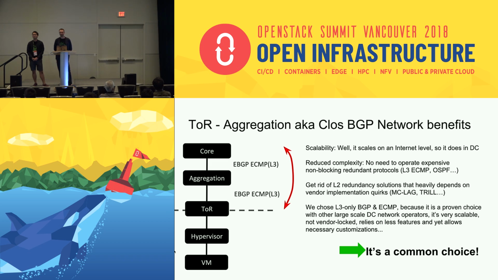But we also chose this because we don't want to be vendor locked in any way. This solution also doesn't rely on any vendor-specific quirks or solutions that might work only with a single vendor and not across vendors. So I'm not going to spend more time praising this solution. Just check that RFC if you're really interested.